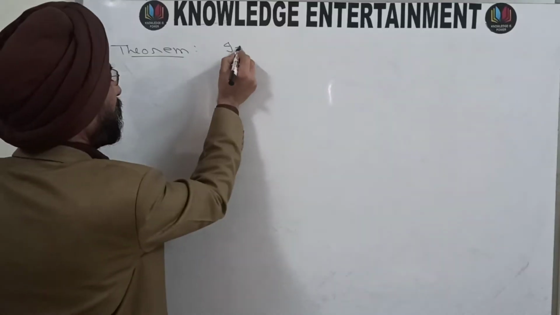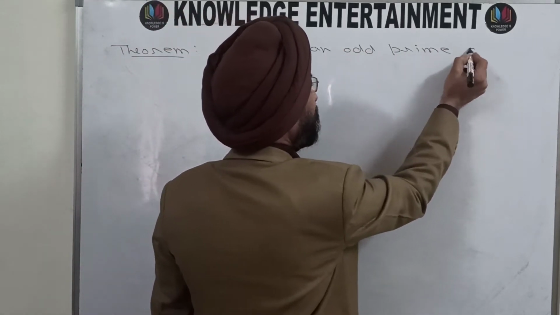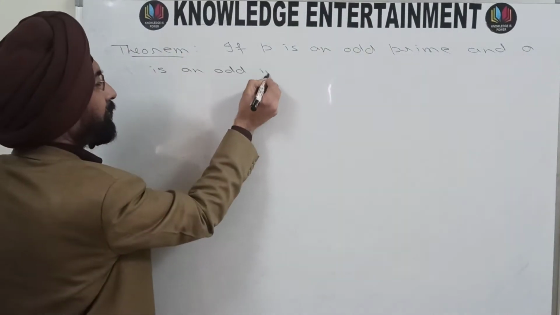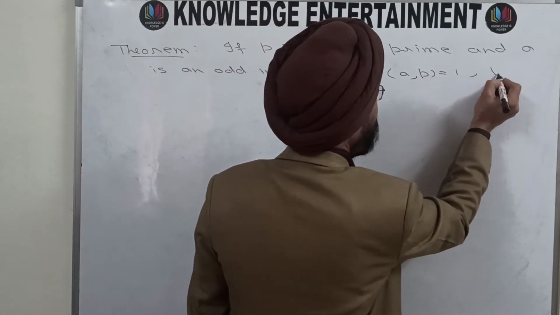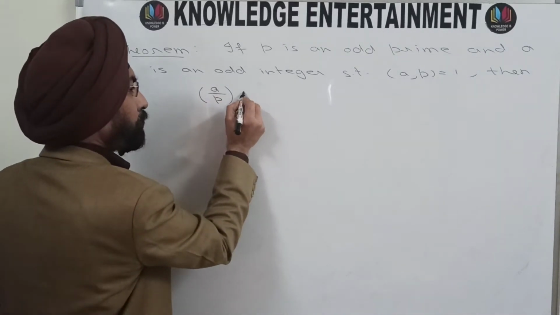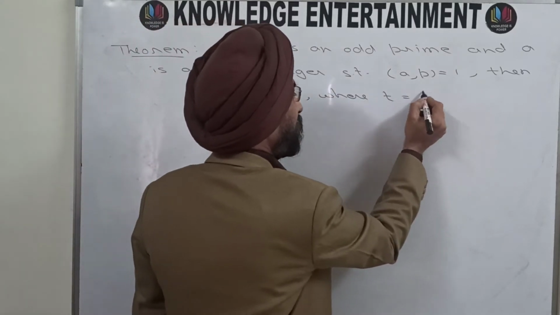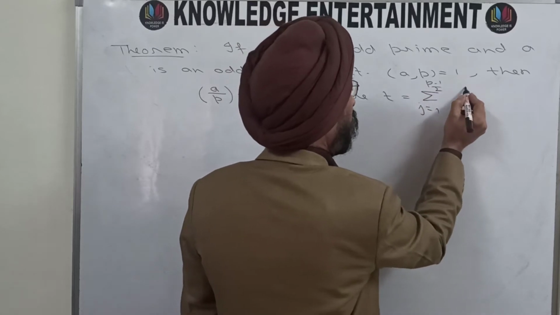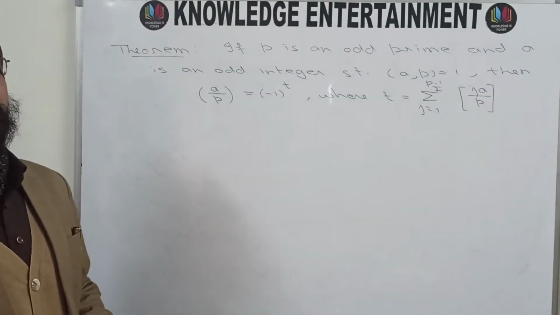The theorem says: if p is an odd prime and a is an odd integer such that the GCD of a and p is 1, then the Legendre symbol (a/p) is equal to (-1)^t, where t is the summation, j varying from 1 to (p-1)/2, of the greatest integer function floor(ja/p). This is the statement of the theorem.